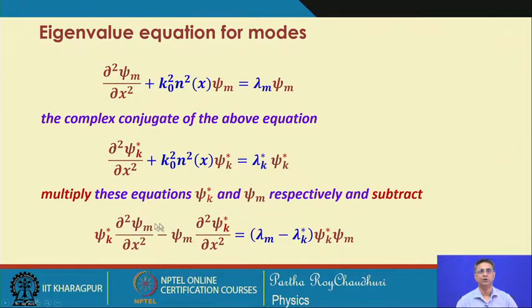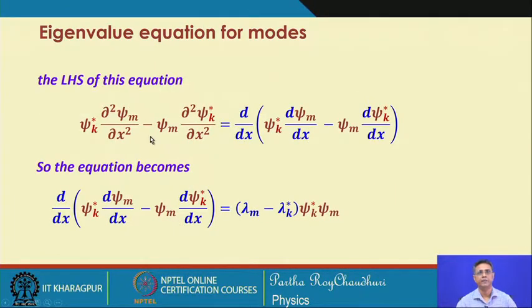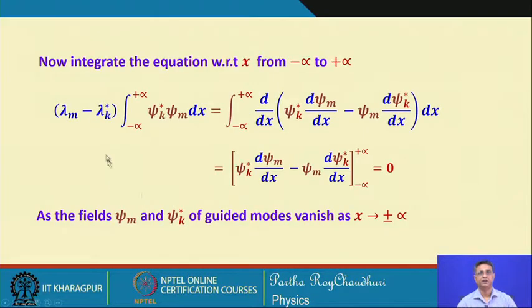It is very interesting to note that from here the left hand side is 0. Why? Because if you look at the left hand side, this quantity can be expressed as d dx of psi k star d psi m dx minus psi m d psi k dx, and this involves psi k and psi m, so you can write in this form, and d dx of this, which if you integrate over the whole space both sides, then you can write this equation as integration from minus infinity to plus infinity of this, which will give you this quantity.